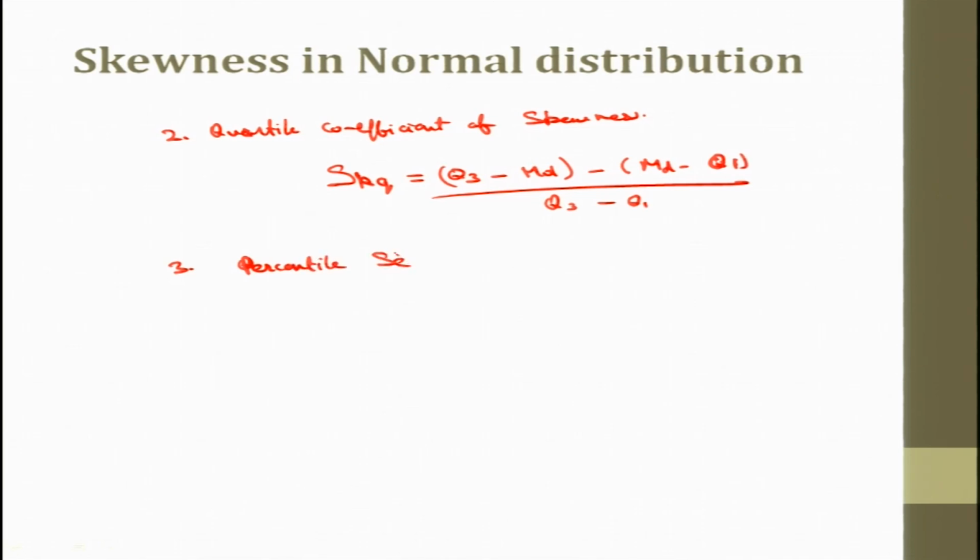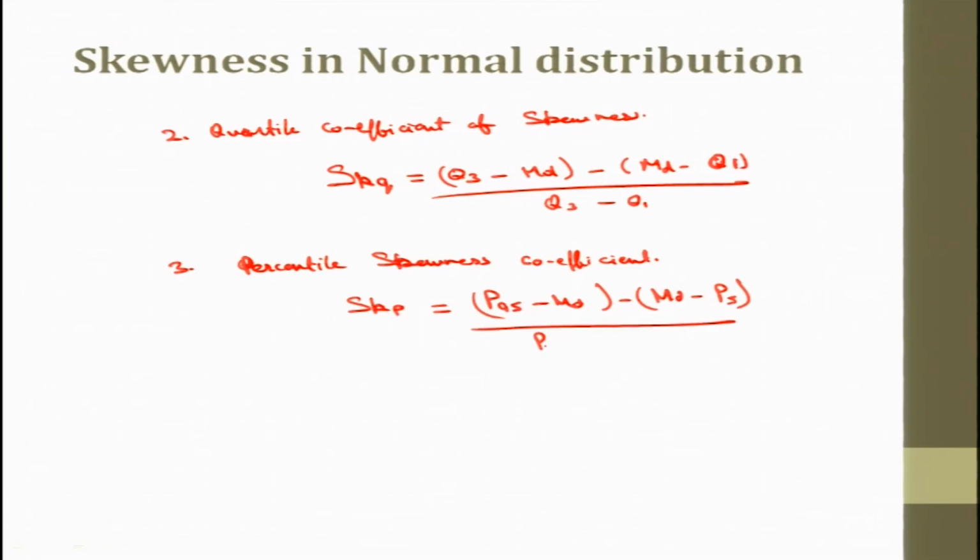Now, when we have the skewness coefficient, we can also have the percentile skewness coefficient. Then skewness percentile can be something, if I take, let me say from 90%, 95%, it can be P95 minus median minus fifth percentile. Okay, then 95th percentile minus 5th percentile.